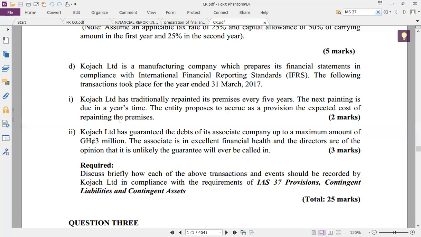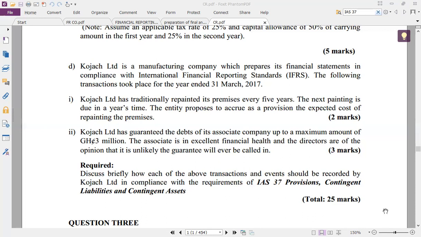So ask yourself, is there any present obligation either as a result of legal, contractual, or constructive? So take note of that. And two, the amount involved can be measured reliably.